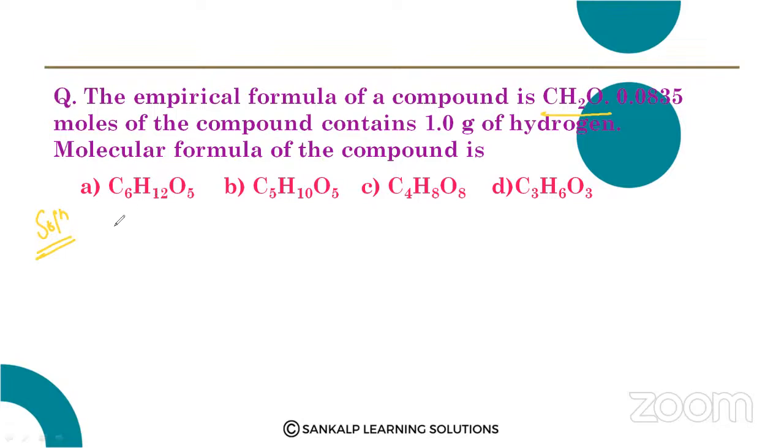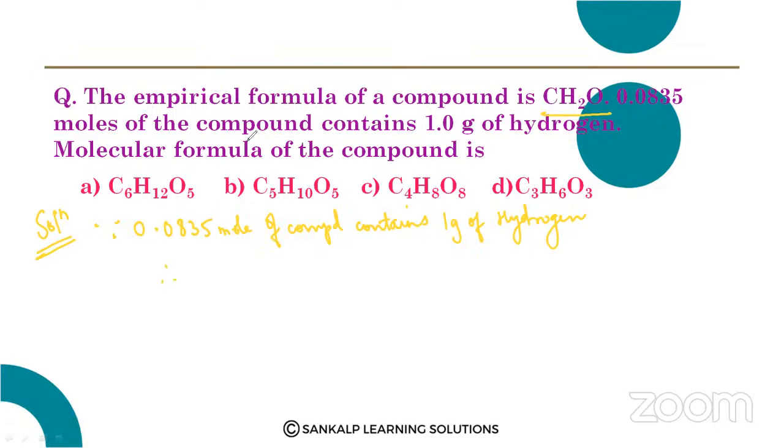So what is given, we will write: since 0.0835 mole of compound contains 1 gram of hydrogen. This is given according to the question. So what do we have to find?